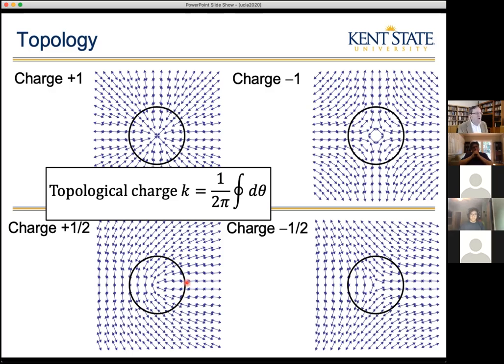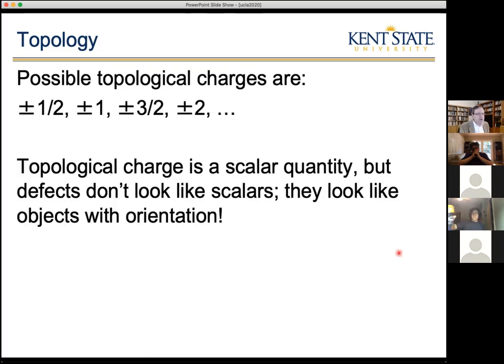Okay? So the material can support defects with a half integer topological charge. Okay, so here is a +½, here is the corresponding -½. So this is topology that has been known for many decades. And so we can see the list of topological charges. It could be positive or negative half integers or integers.